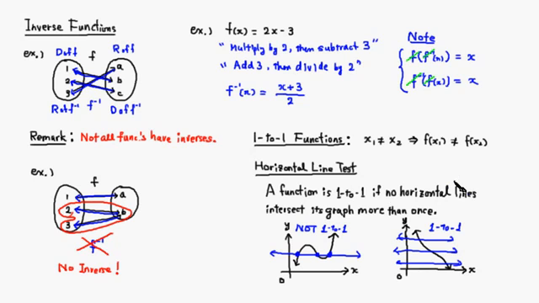Note that we talked about the vertical line test. The vertical line test is for checking to see if the curve is the graph of a function, so it's checking for a function. The horizontal line test is checking for a one-to-one function.